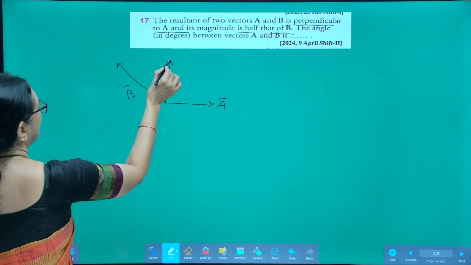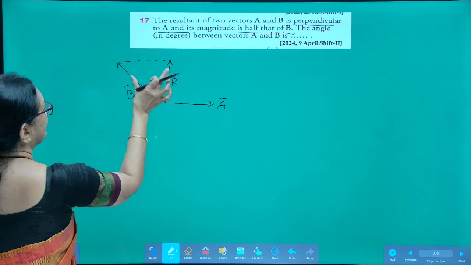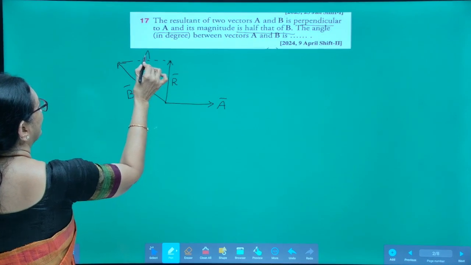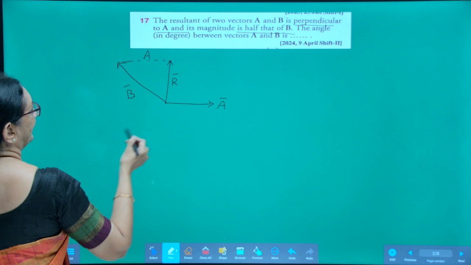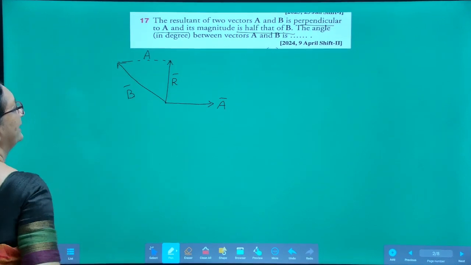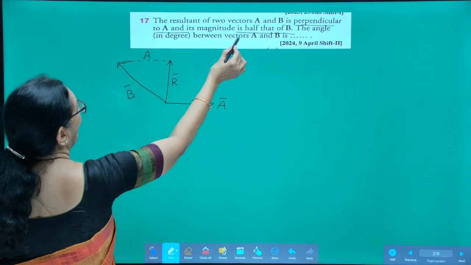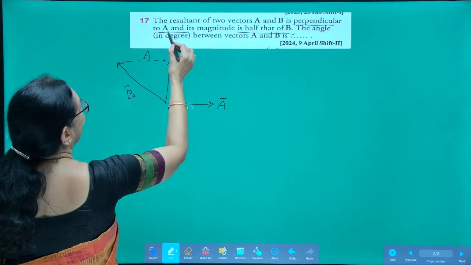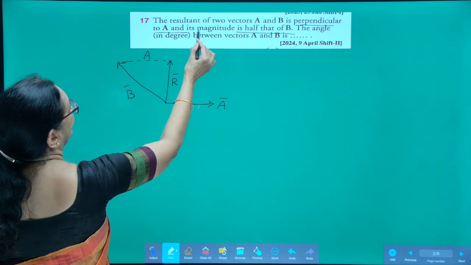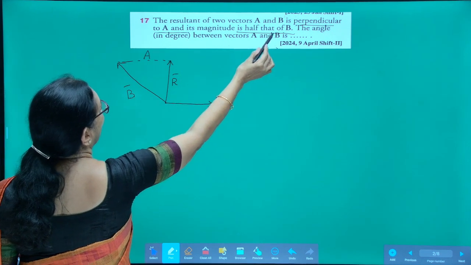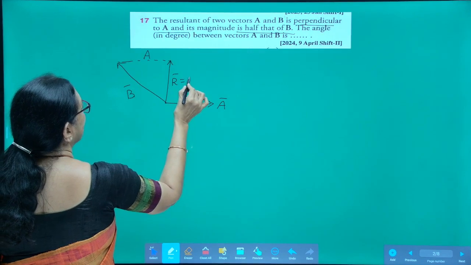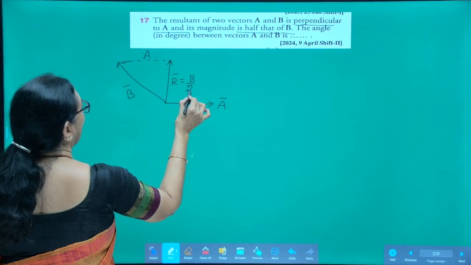From the triangle, if you complete this, this length is equal to the magnitude of A. The three vectors are represented by this triangle. Now, it is given that the magnitude of the resultant is half that of B. This is equal to B by 2.